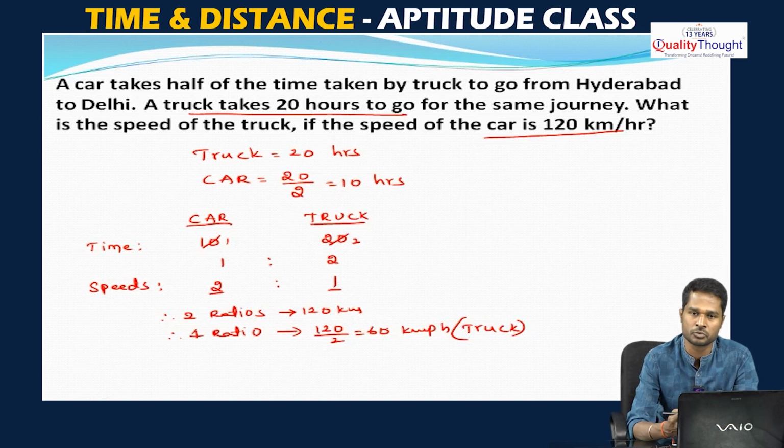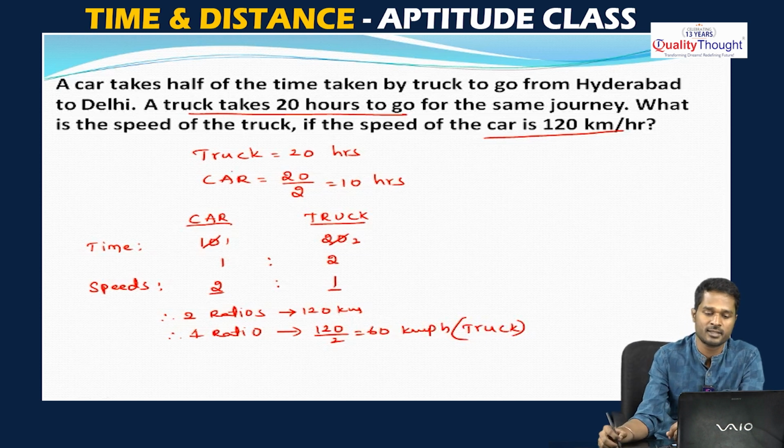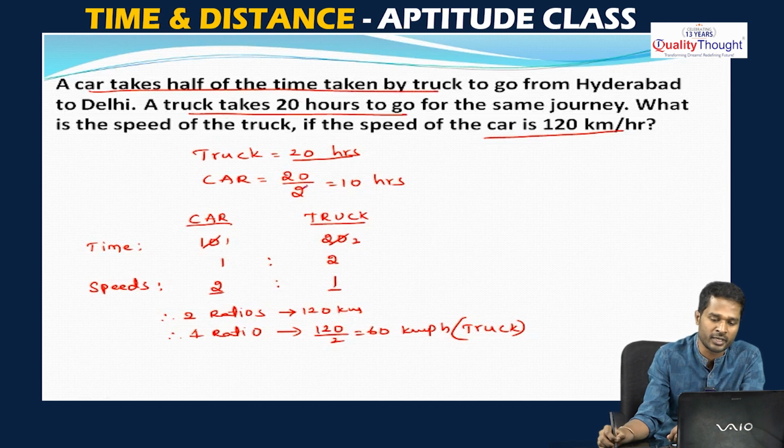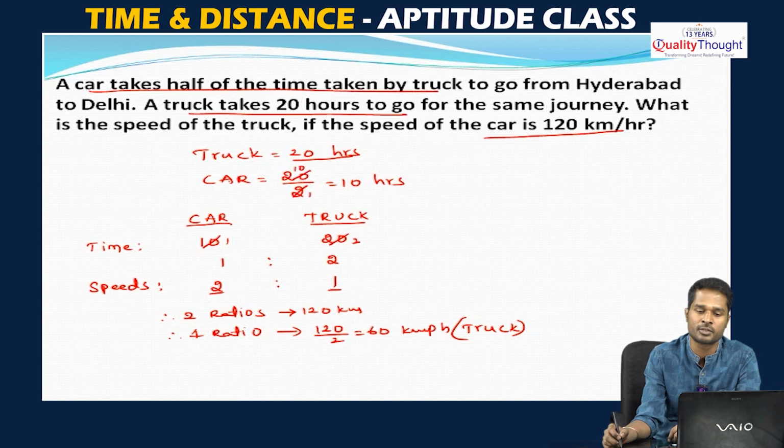This is a different method to solve the question. See, clearly he said the truck will take total 20 hours, and he says a car takes half the time taken by the truck. That means the car will take 20 by 2, which is 10 hours. We need to find the speed of the truck, and he has given the speed of the car, 120. Car takes 10 hours, truck takes 20 hours.